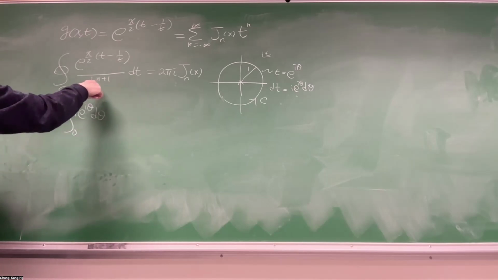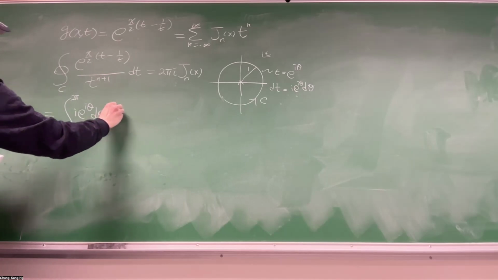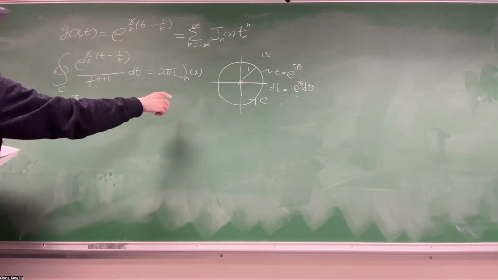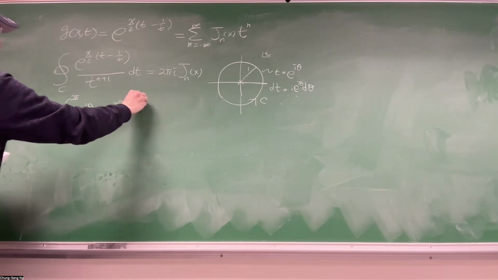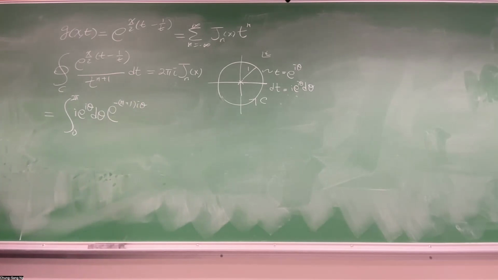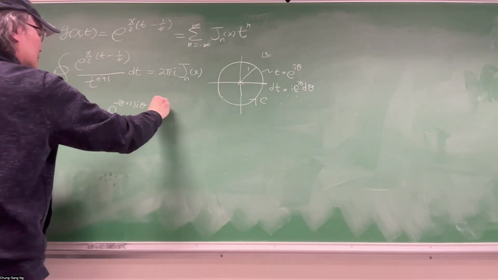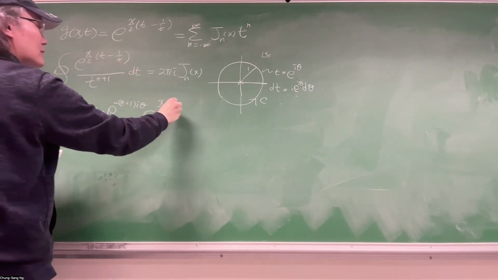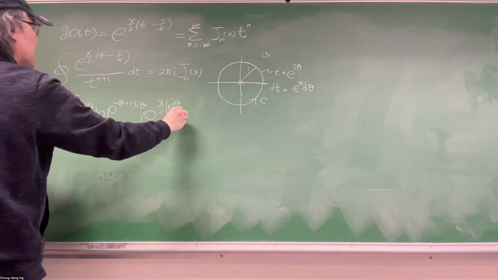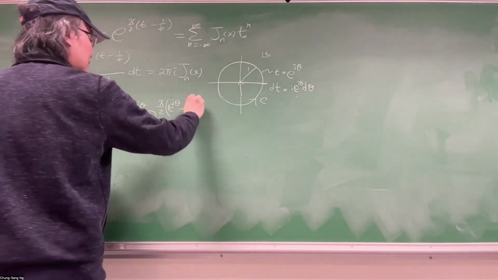Now the t to the n plus 1 in the denominator becomes exponential of minus (n plus 1) I theta. And the exponential function is x over 2, times the first term e to the I theta minus 1 over e to the I theta, which is e to the minus I theta.